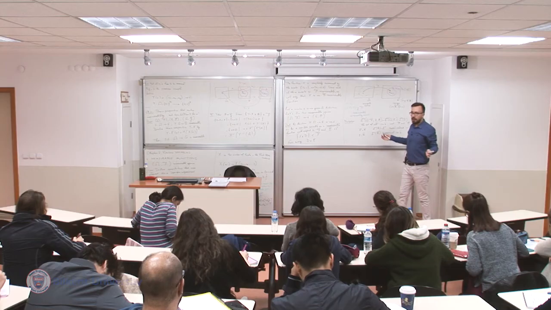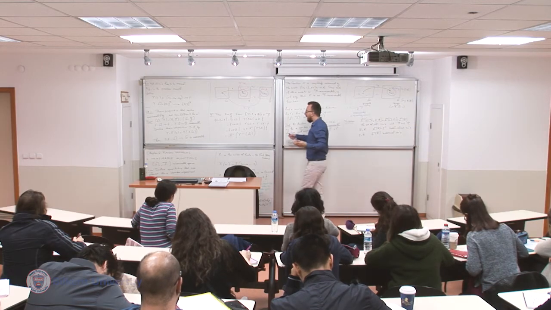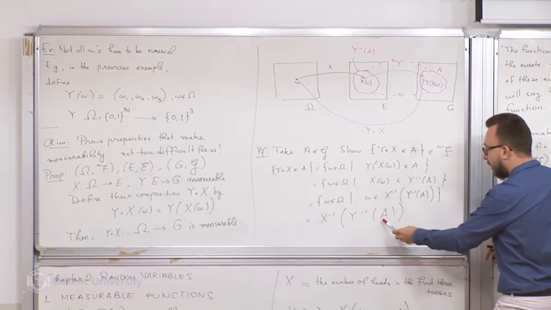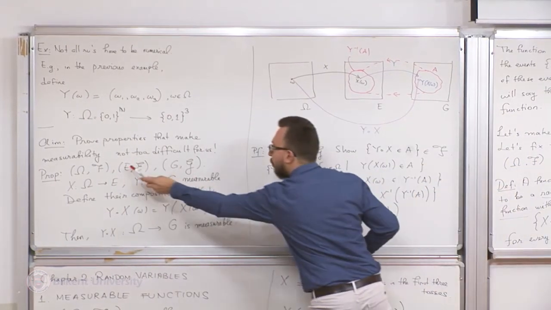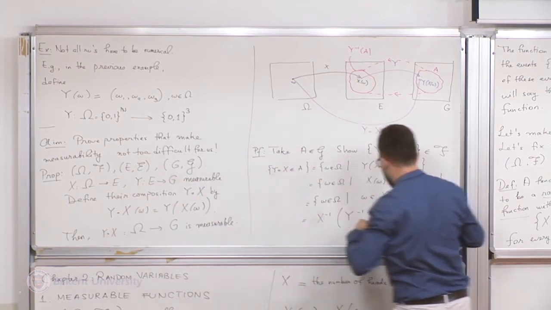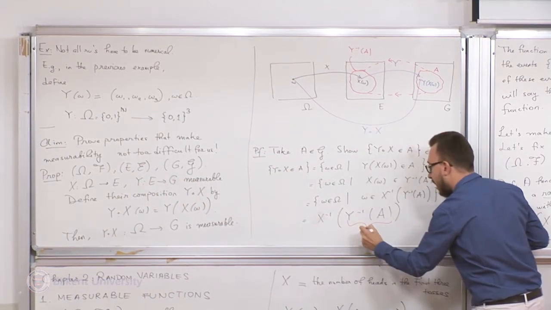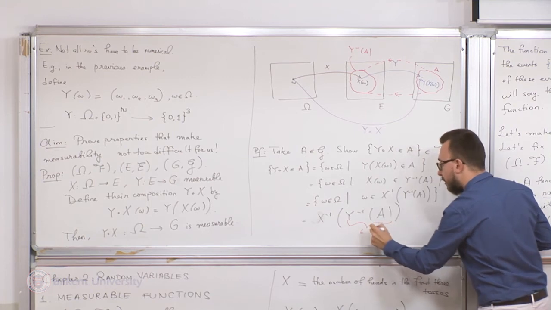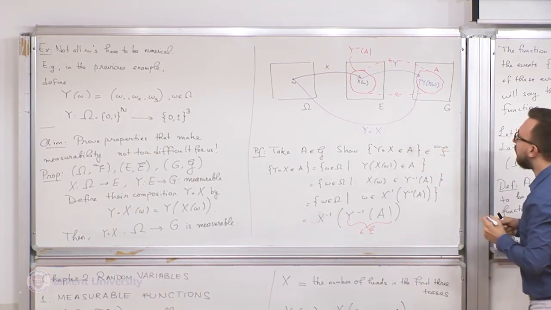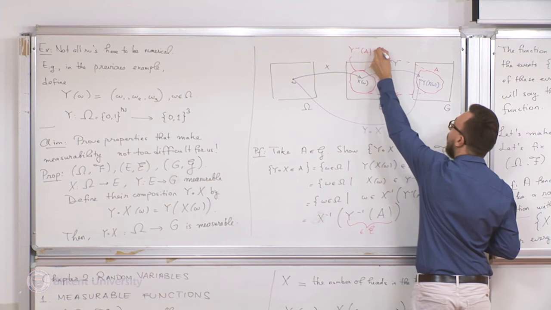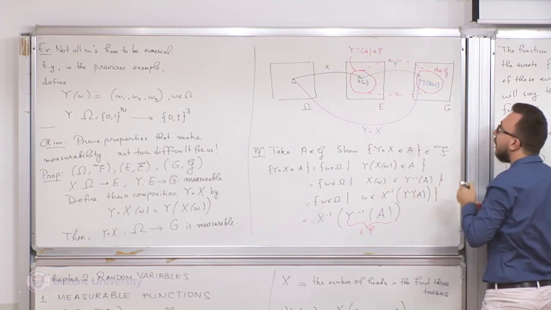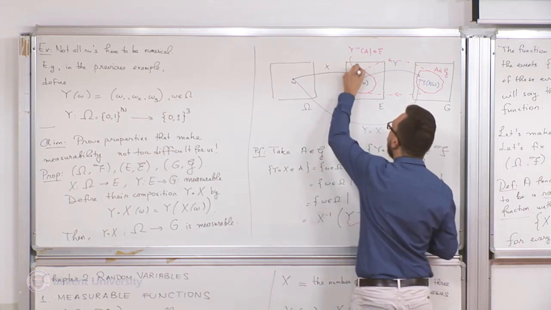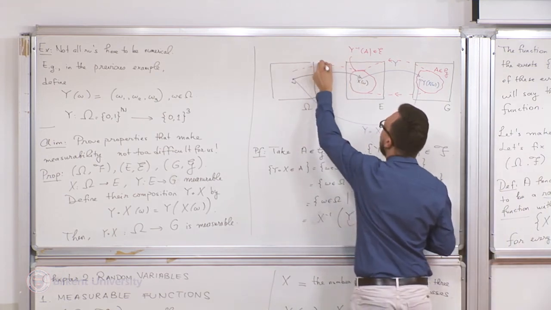So we have to use the measurability of Y and X. So A is in G. Y is measurable from E to G. This means this is in script E, since A is in script G. And one more step taken back.